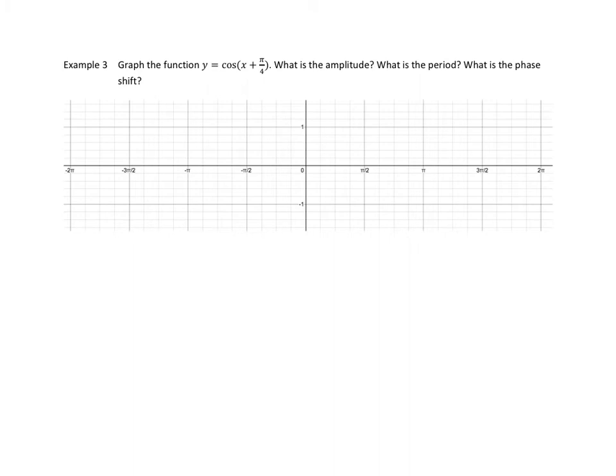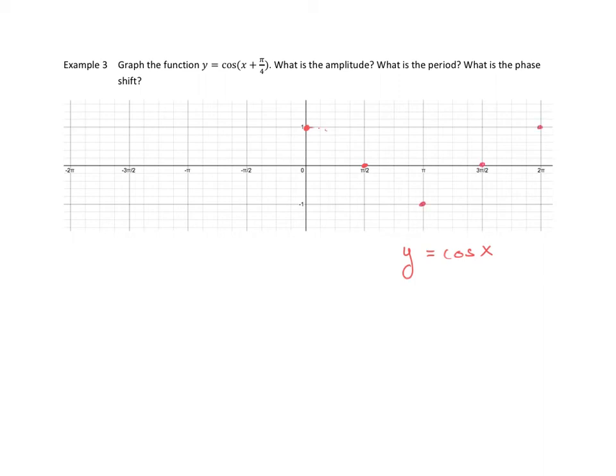All right, so let's use that graph of cosine to graph y is equal to cosine of x plus pi over 4. So what I'll do is I'll first graph y is equal to cosine of x. I'll put that on here as a reference. And the main points were, well, okay, at 0 it's equal to 1, at pi over 2 it's equal to 0, at pi it's equal to -1, and so on.